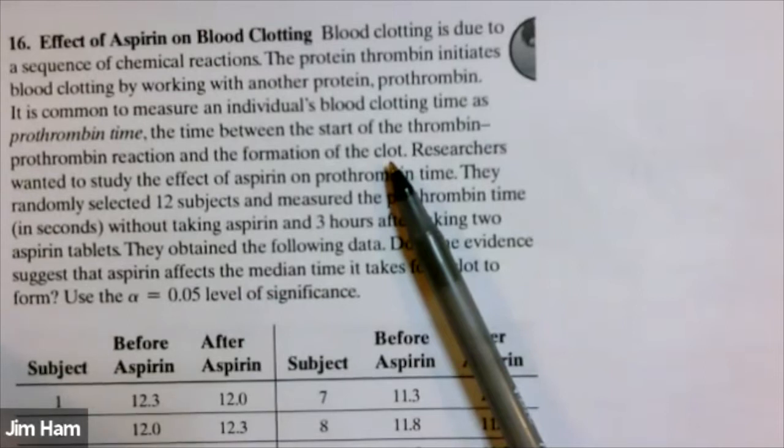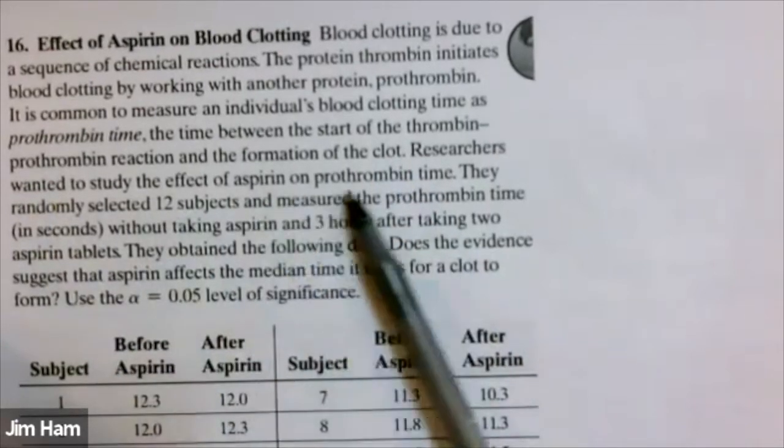And so if the aspirin is working, then the time that it takes would be a little bit less, I would think. Clotting stops the clotting, so the time that it takes to clot will be a little bit longer.